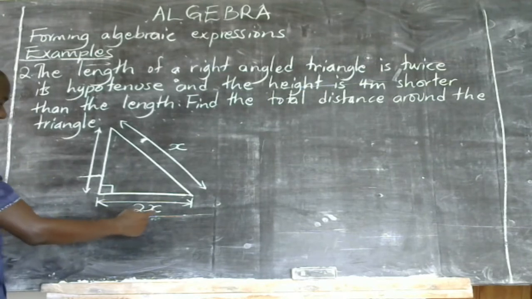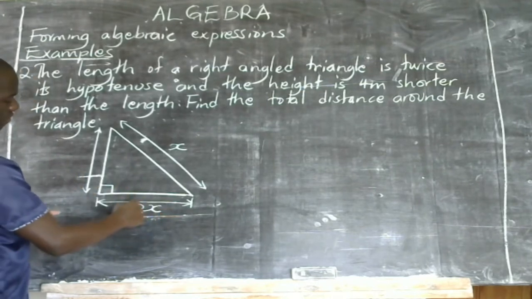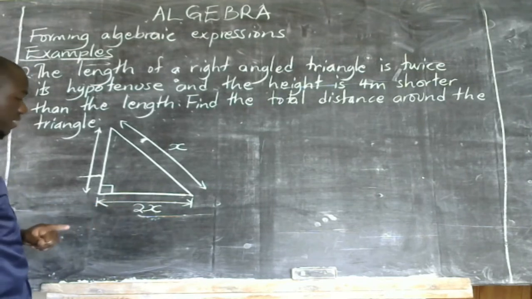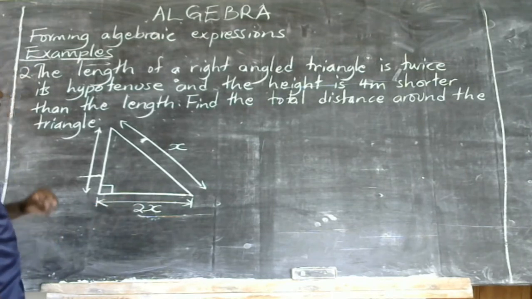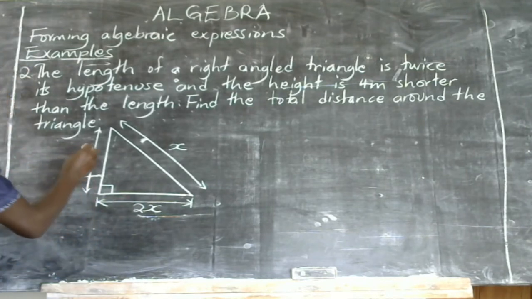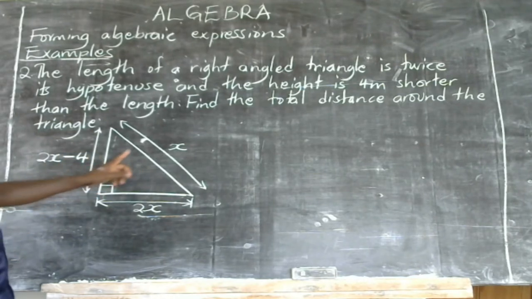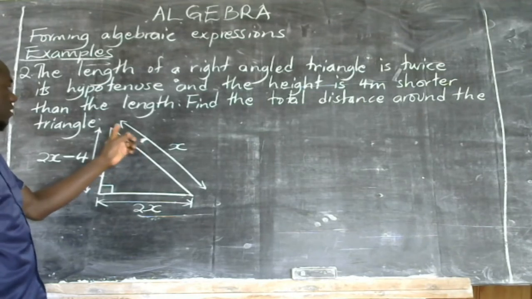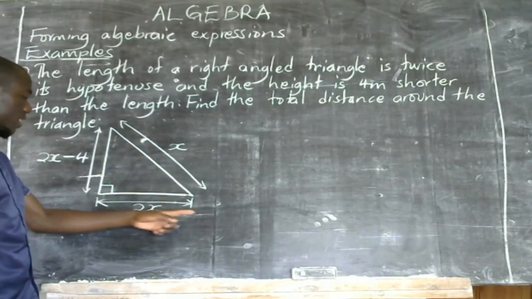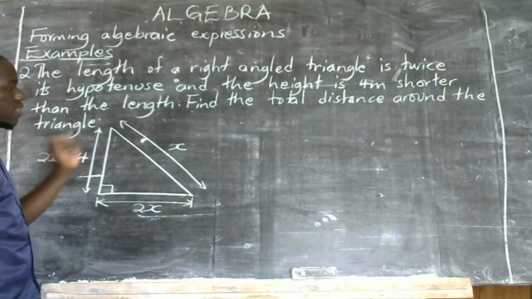So if the length is 2x, you need to deduct 4 meters from the 2x to get the height of the right angled triangle. So this becomes 2x minus 4. Now they want the total distance, that is, you add the hypotenuse, you add the length, you also add the height.